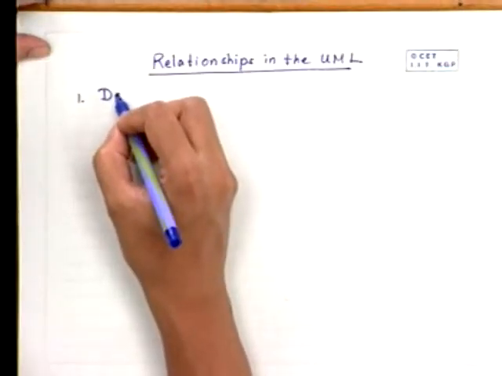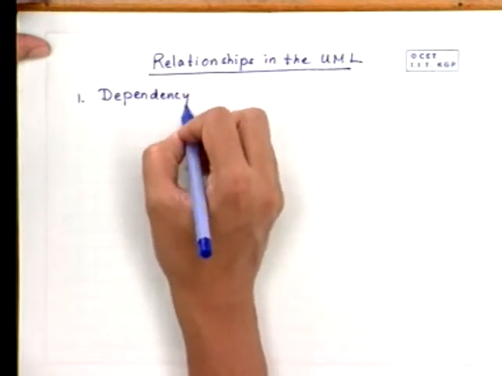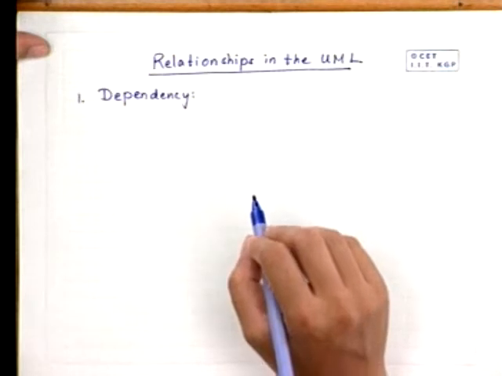There are 4 major kinds of relationships in the UML. Number one, dependency. A dependency is a semantic relation between 2 things. Dependency is a using relationship.